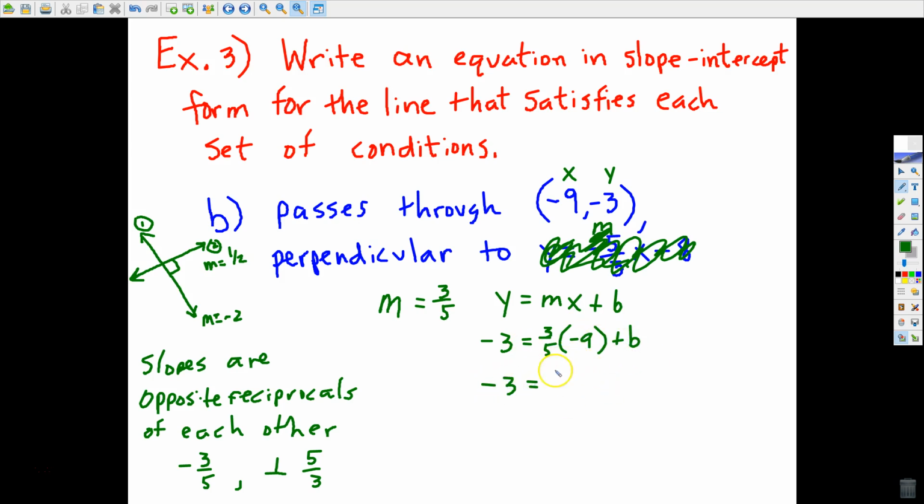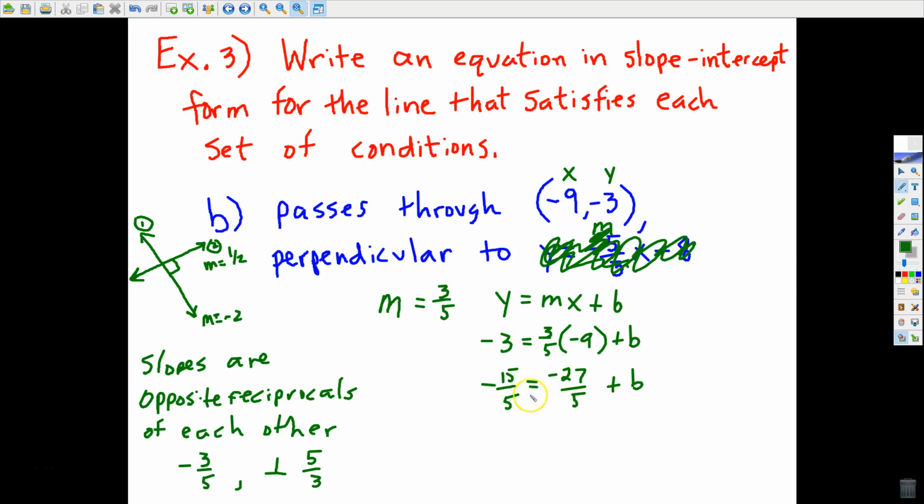-3 is equal to -27/5 plus b. Okay, we're back to this same issue we had before. Let's convert this into fifths so we can put these together. Hopefully you see that -3 is really -15/5. So instead of showing it as -3, I'm going to show it as the equivalent in fifths.